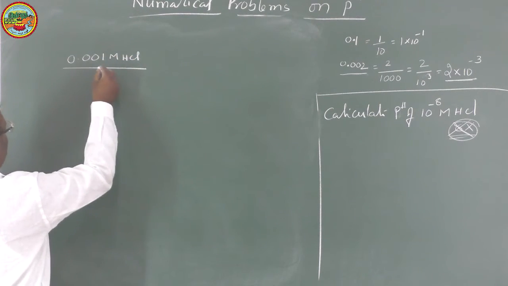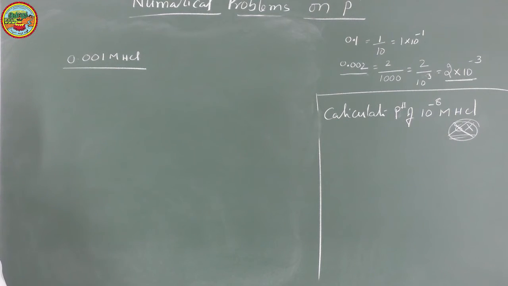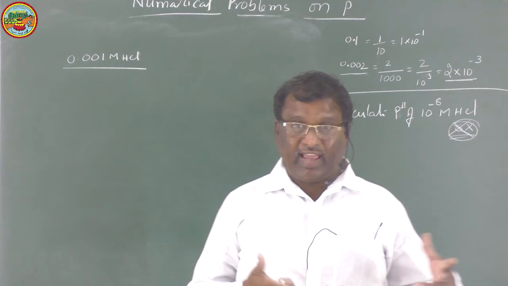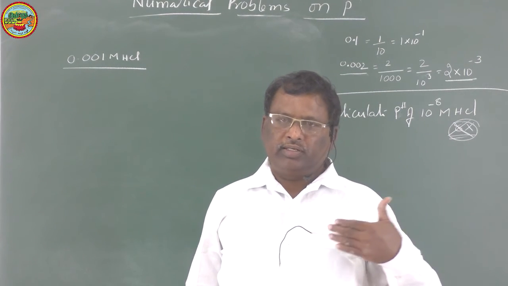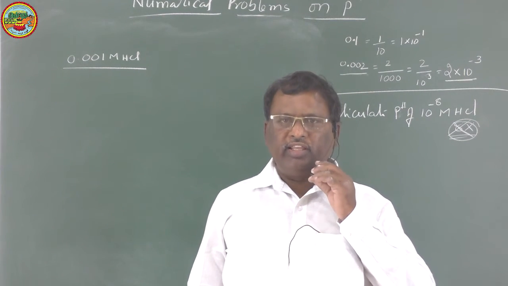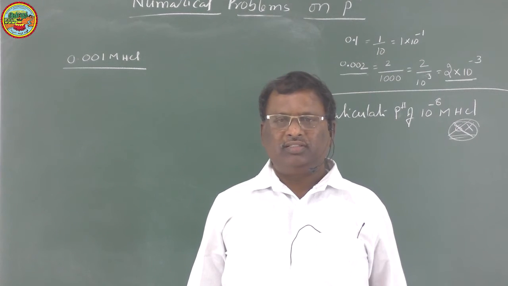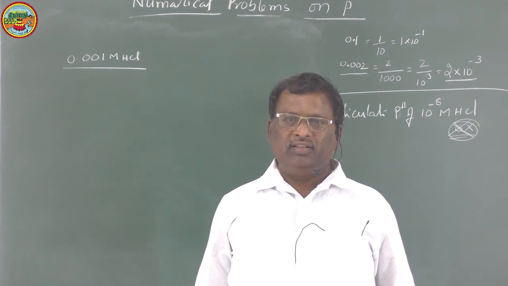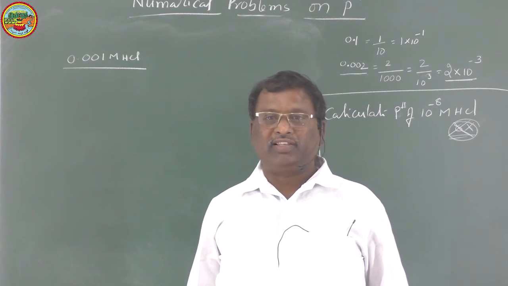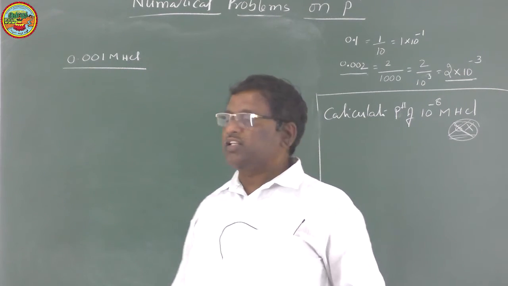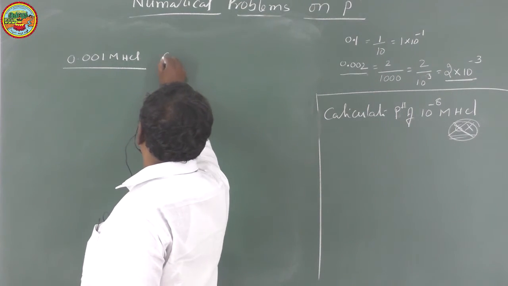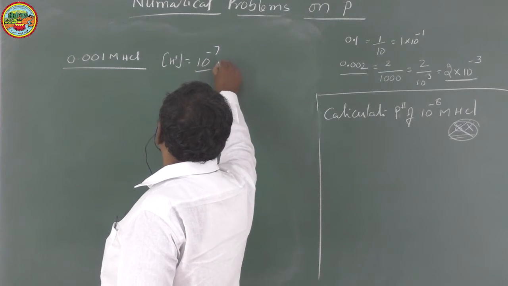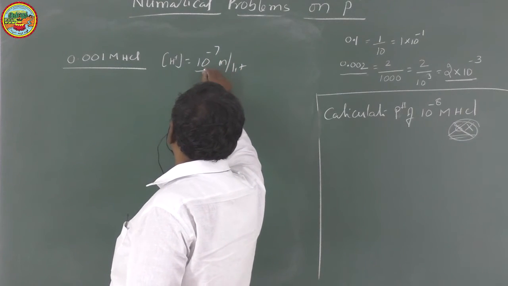This means 0.001 mole of acid was present in water, because all the solutions which we are dealing with now are aqueous solutions. When they are aqueous solutions, automatically water will be present. In water also you will have H plus ions. The H plus ion concentration in water is 10 to the power minus 7 moles per liter.